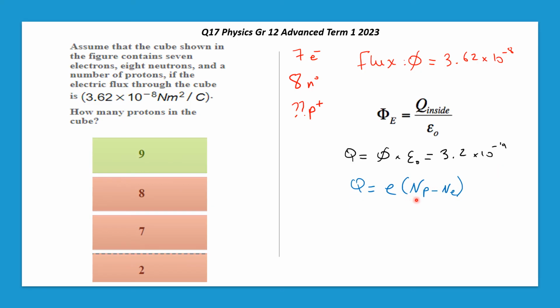From chapter 1, you know this equation: the charge Q equals e, the elementary charge, which is 1.602 by 10 to the power of minus 19, multiplied by the number of protons minus the number of electrons. The only unknown in this blue equation is the number of protons. So you arrange the equation and you will get 9 for the number of protons.